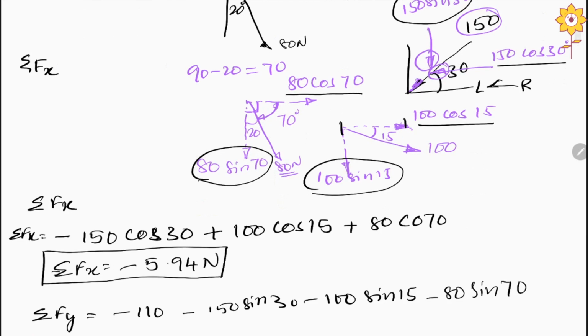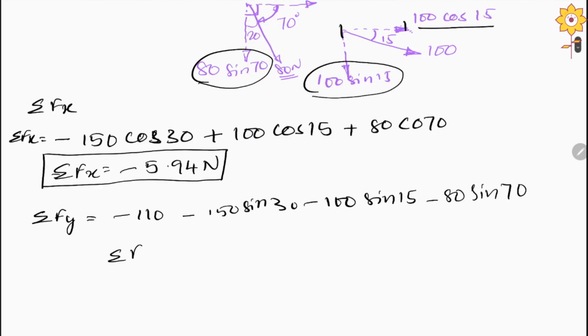So if you put this into the calculator, summation of f of y will be equal to minus 110 minus 150 sin 30 minus 100 sin 15 minus 80 sin 70. So we'll get the value as minus 286.05.